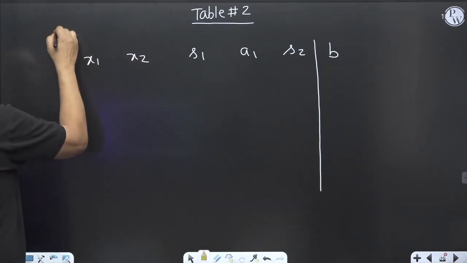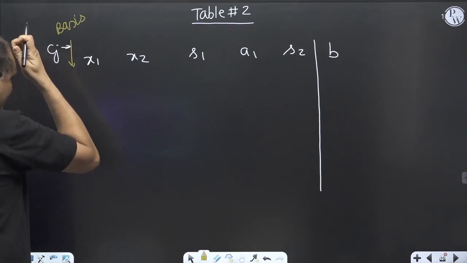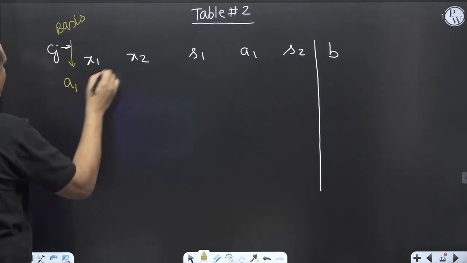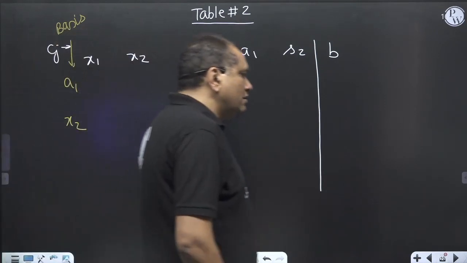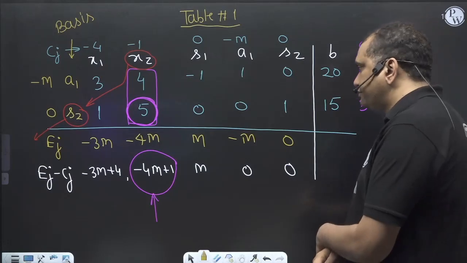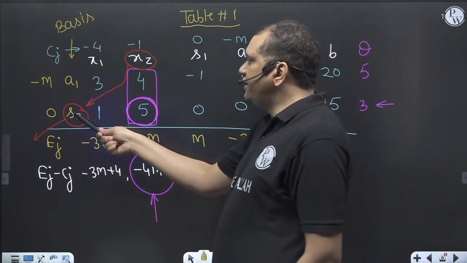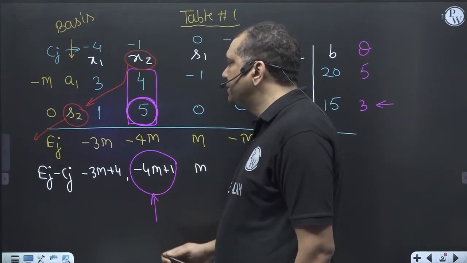Here I will write the basis, and in the basis it was the artificial variable and X2. Correct na? That was our decision, that S2 is leaving the basis and in place of that X2 is coming.